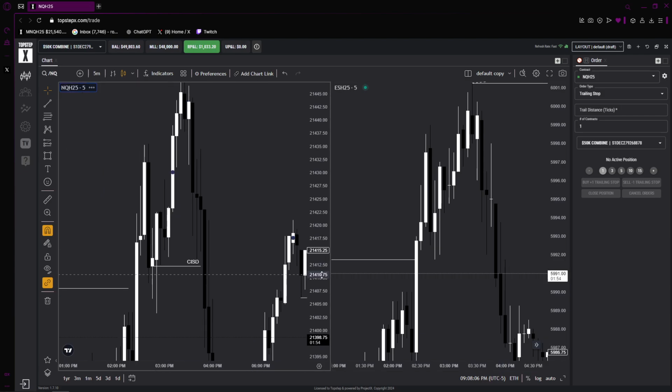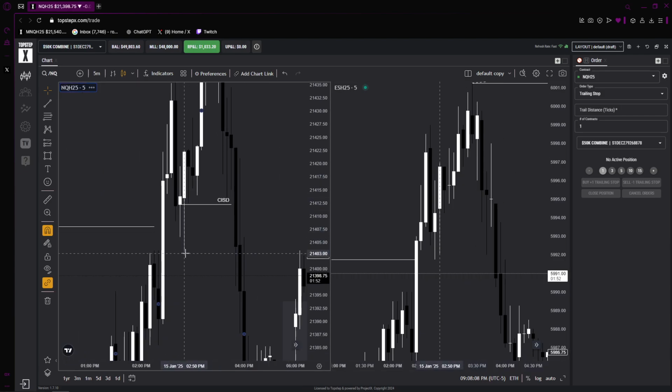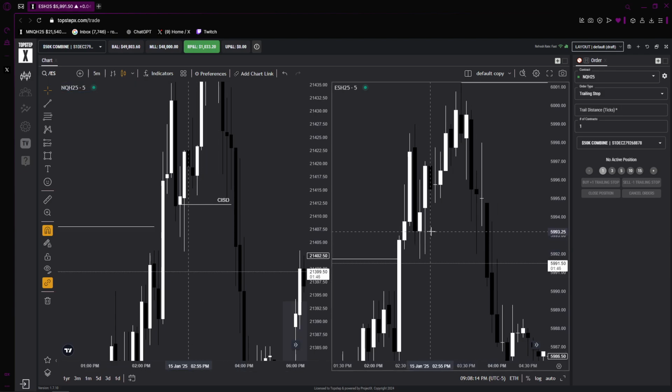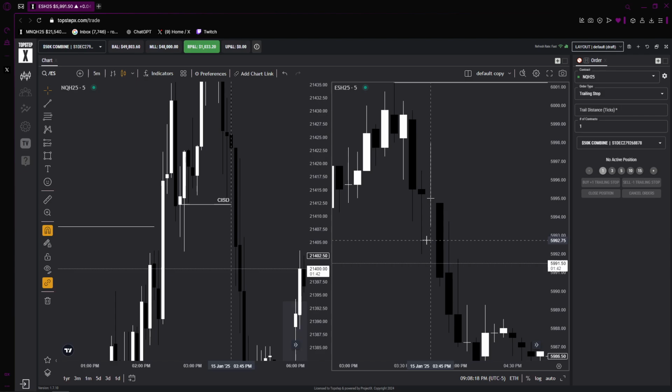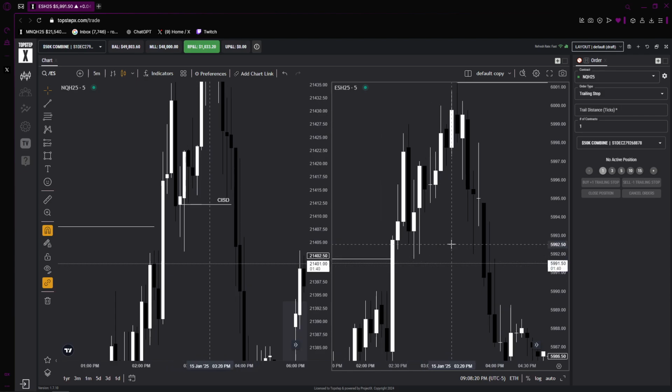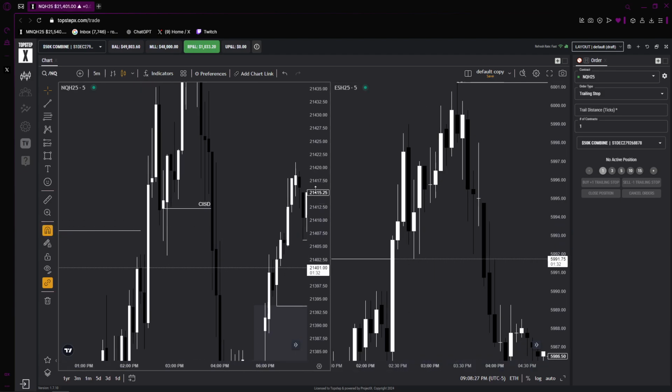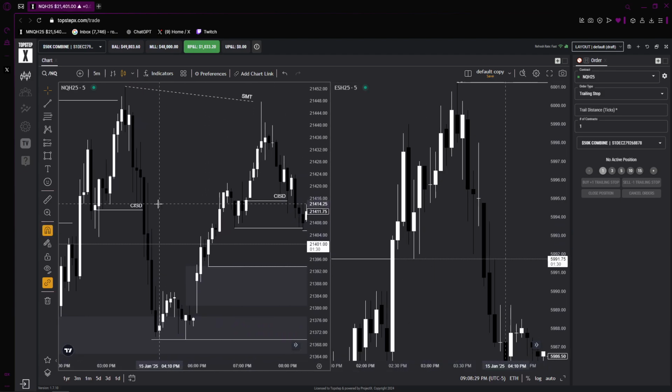And I don't even think it's the actual either. I know it is. But what is this? Wicked. You see this wick right here? I know it's probably hard to see, but that wick right there, that is a nuh-uh. That does not come from the change in state of delivery. But NQ did. So I was waiting for that extra A++.